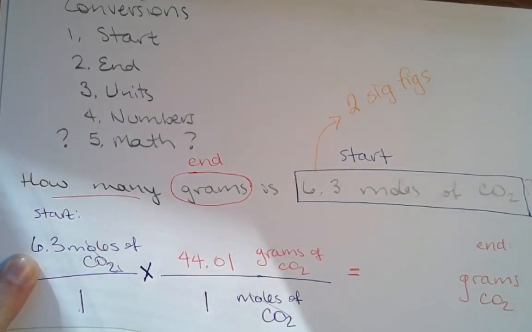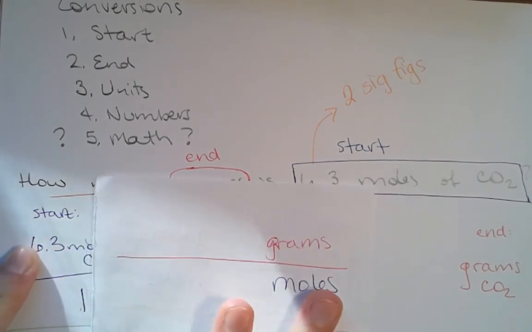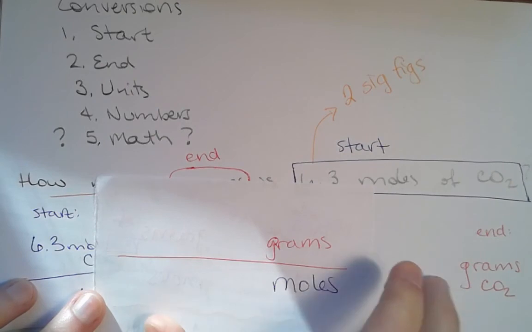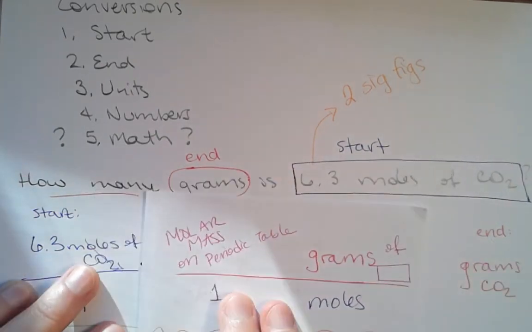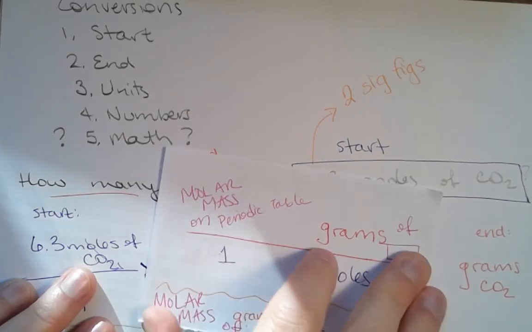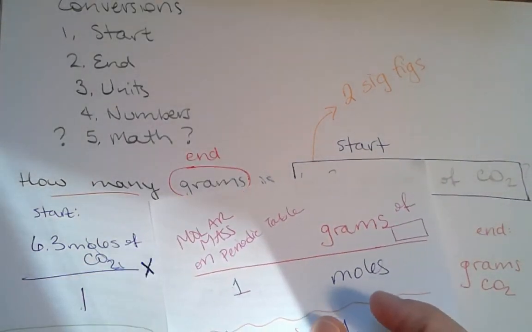Once you've got your units, then you can use your flashcards or however you think of it. Once you have your units, that tells you what the numbers are. Okay, so you got your start and your end, you got your units, you got your numbers.